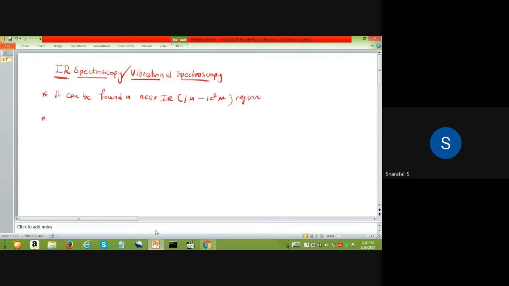Second one is that in order to have vibration of a molecule and get the vibrational spectra, we need a changing dipole moment.